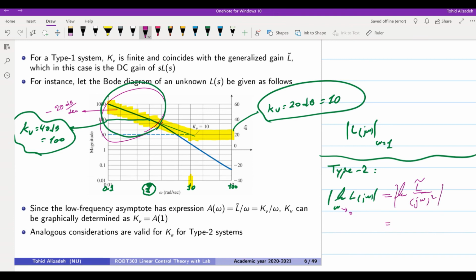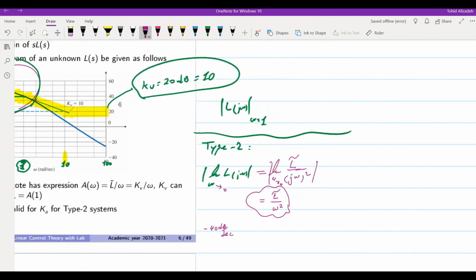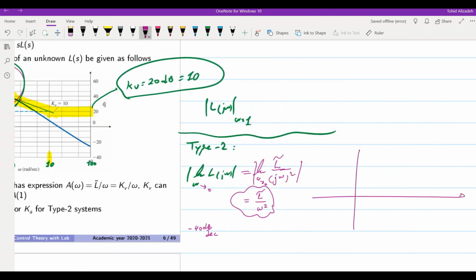The other terms will be replaced by 1 as ω goes towards 0, and it will be equal to L̃ over ω squared. At very low frequencies, we will have a minus 40 dB per decade line. So here we will have the slope equal to minus 40 dB per decade.